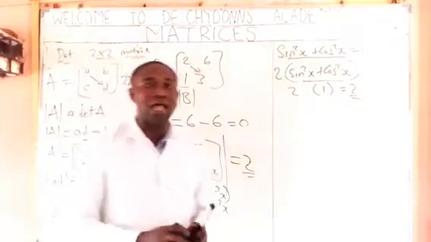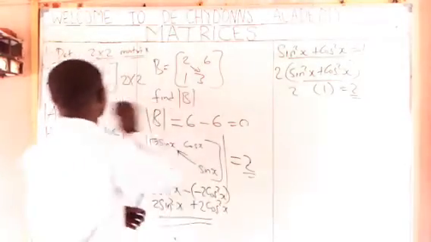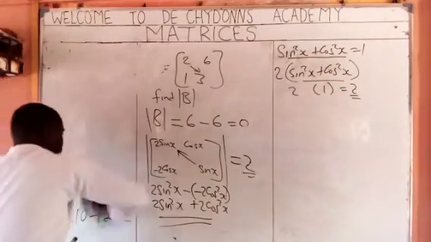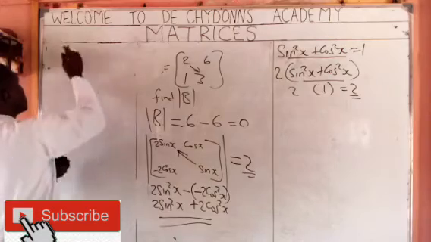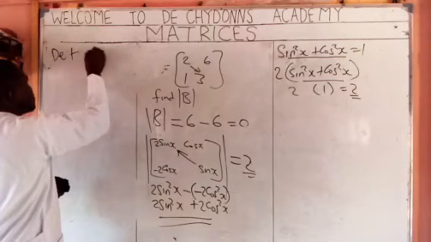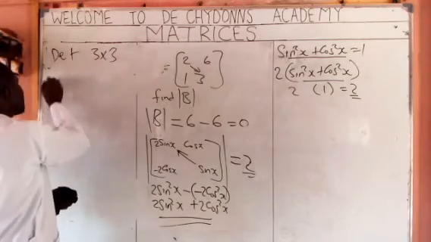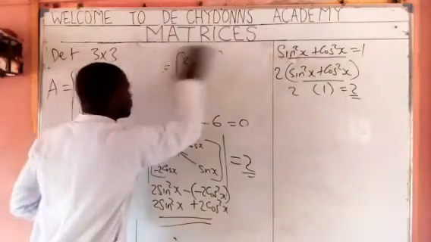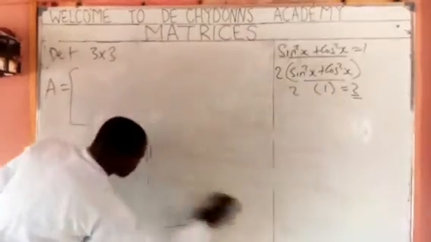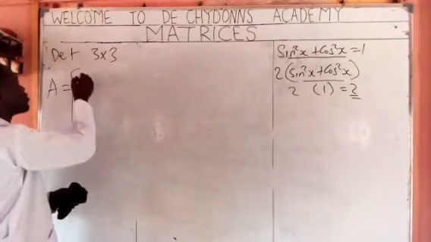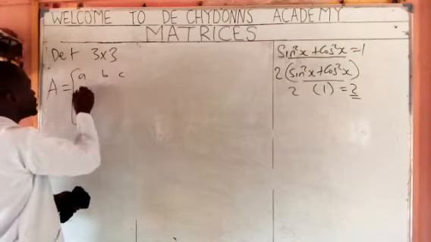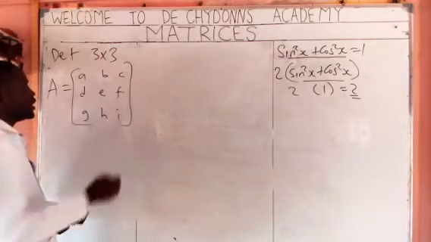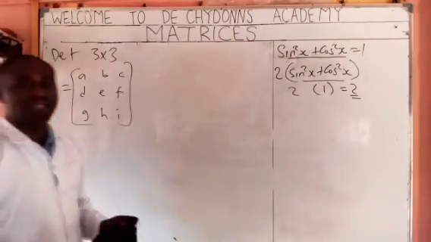We go to the determinant of 3 by 3 matrices. When you see the determinant of a 3 by 3 matrix, given matrix A equals to a 3 by 3 matrix.